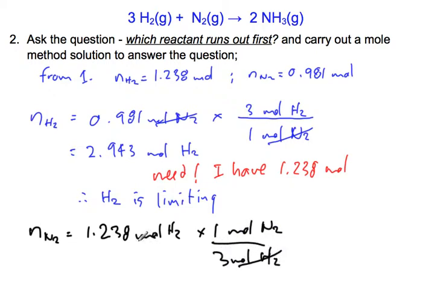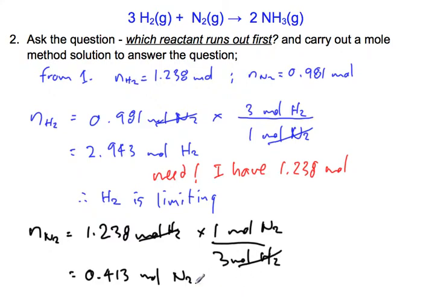Hydrogen divides out, and I get 1.238 divided by 3 equals, well, it equals 0.413 moles of nitrogen.